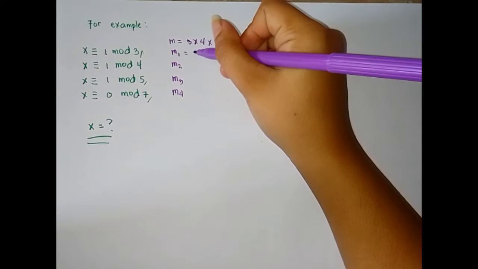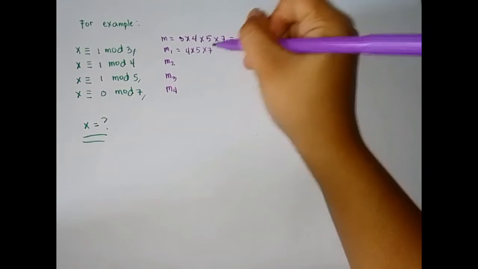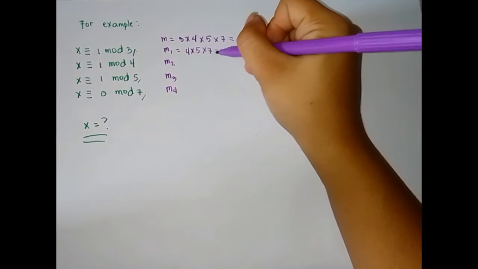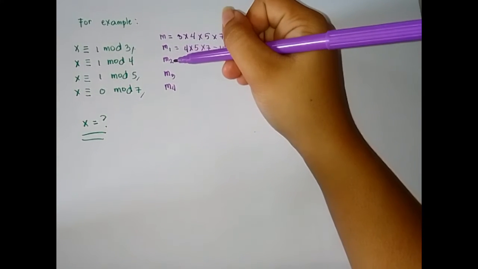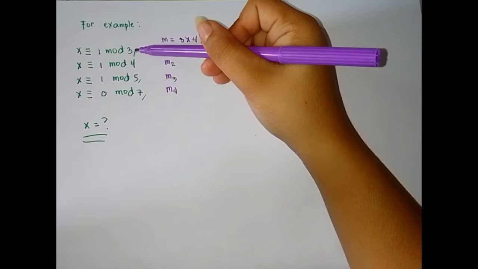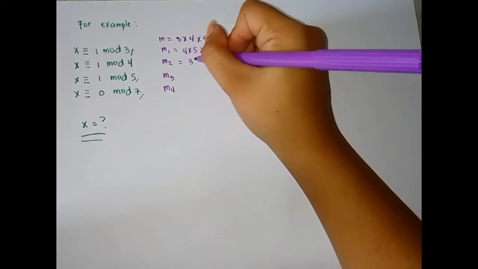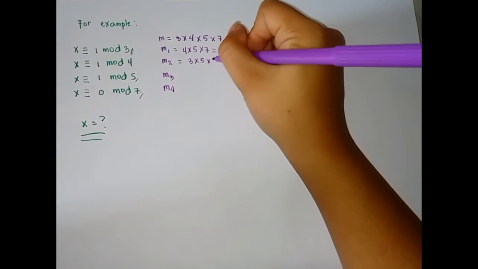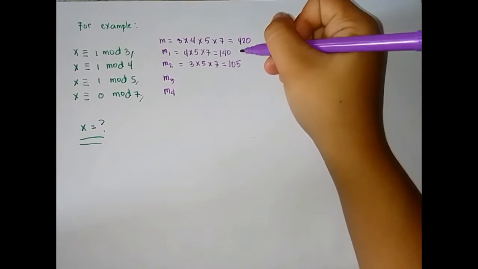So we have 4 times 5 times 7 is equal to 140. For m2, we'll multiply mod 3, 5, and 7. 3 times 5 times 7 is equal to 105.